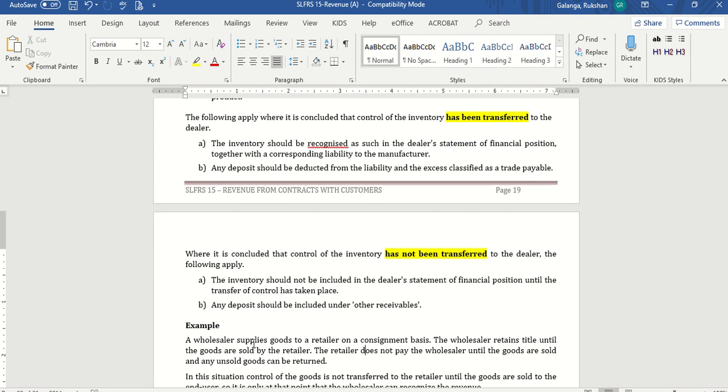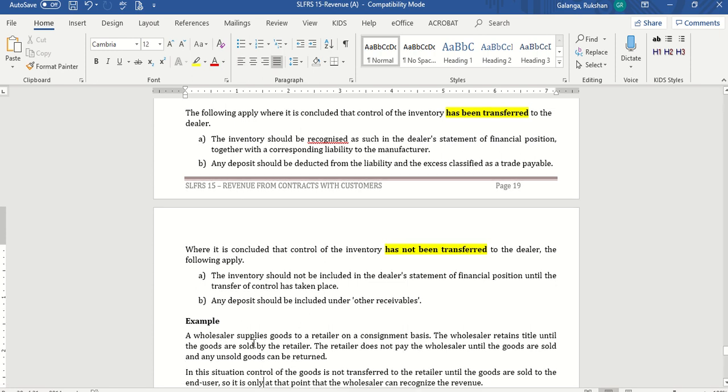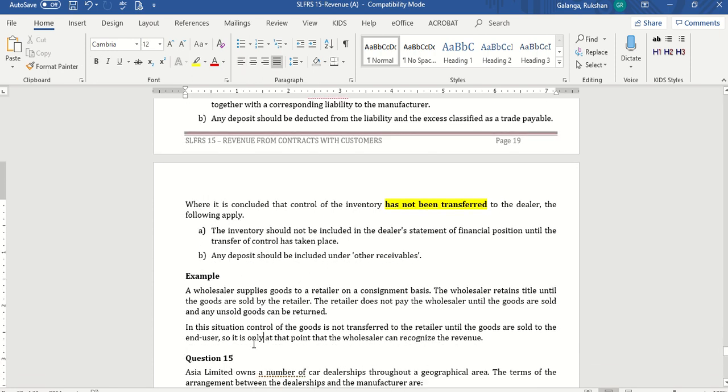The retailer does not pay the wholesaler until the goods are sold and any unsold can be returned. That means on the consignment basis. In this situation, control of the goods is not transferred to the retailer until the goods are sold to the end user. So it is only at that point that the wholesaler can recognize the revenue.